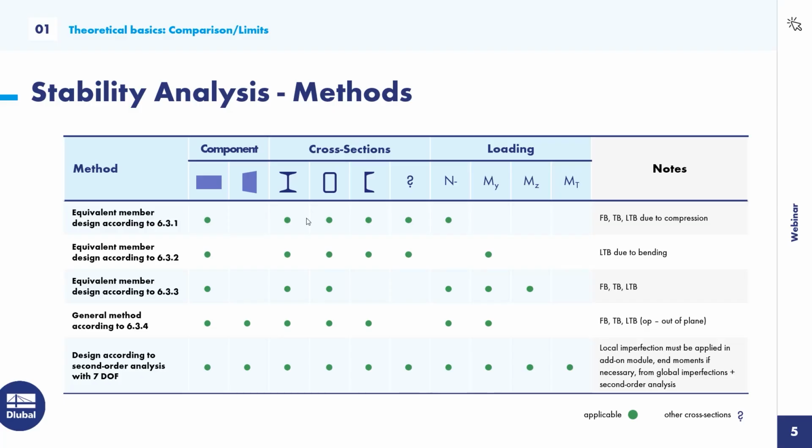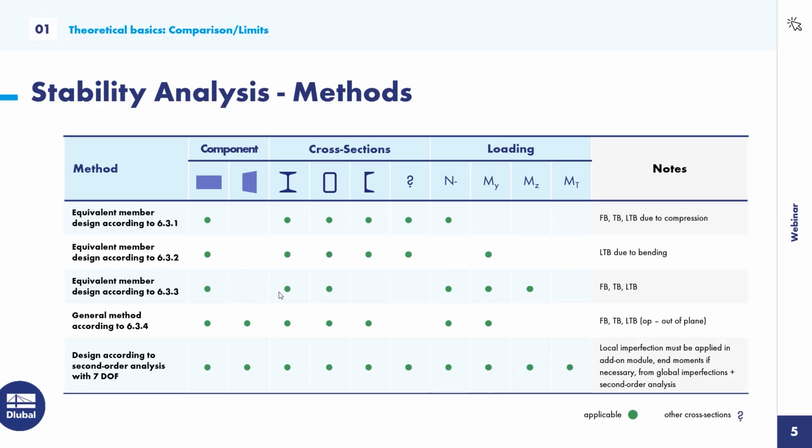It means this method is for pure bending beams. Then the third line, equivalent member design according to 6.3.3, uniform members in bending and axial compression.